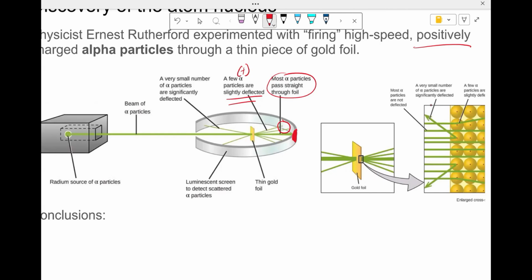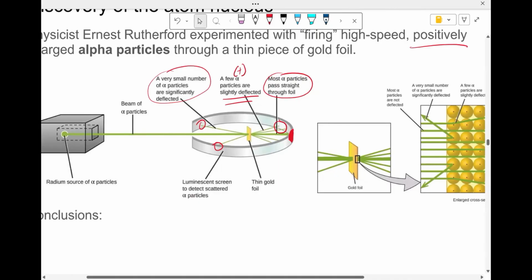And what was even more strange was that a very small amount of these particles got deflected almost back towards the source.